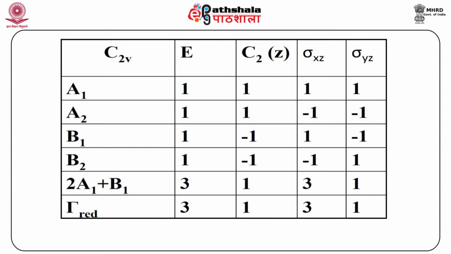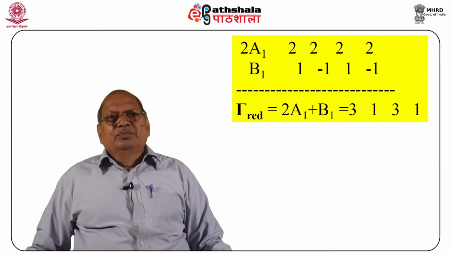That is, just by direct inspection for simple molecules, by looking at the characters of the irreducible representations, I can reduce the reducible representation. As given here, 2A1 characters are 2, 2, 2, 2 and B1 characters are 1, minus 1, 1, minus 1, and therefore tau reducible is 2A1 plus B1, equal to 3, 1, 3, 1.